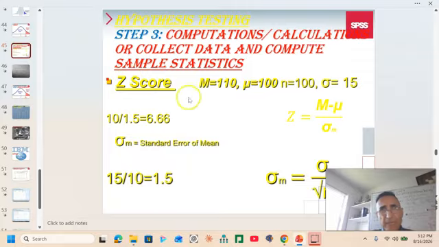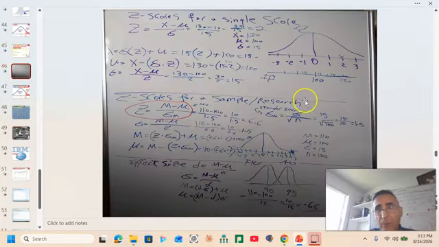So this is step 3: calculate the z-score or t-test or ANOVA or correlation. It's all the same. In this case, we did calculate the z, and right there, those are our numbers, and we came out with 6.6. So we wanted to know whether we reject or retain the null right there.